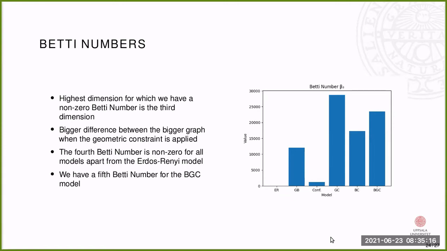And we also found that aside from the Erdos-Renyi model, all 4 of our models and the general biological model had a non-zero fourth Betti number, and that in fact our block geometric configuration model had even a non-zero fifth Betti number. It goes in some way to showing the order and complexity of having these constraints applied to give us this model.